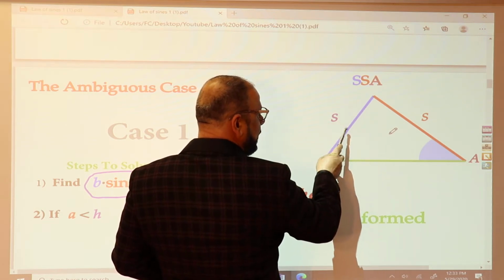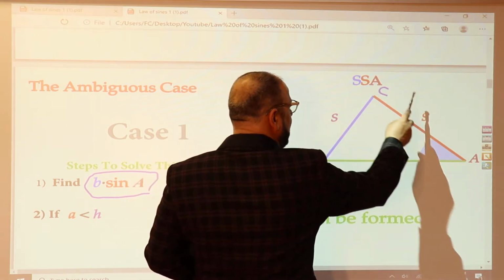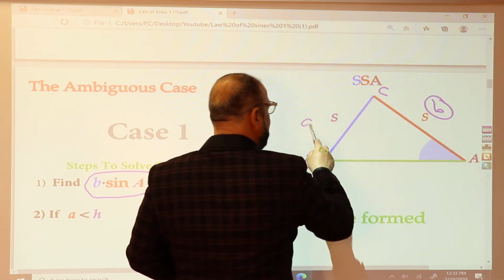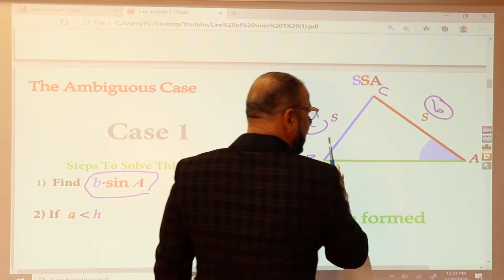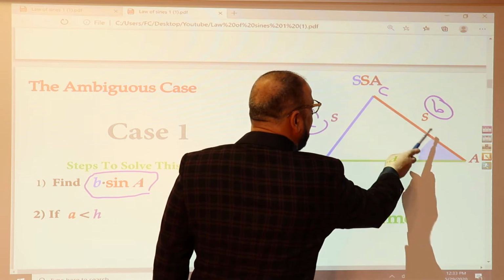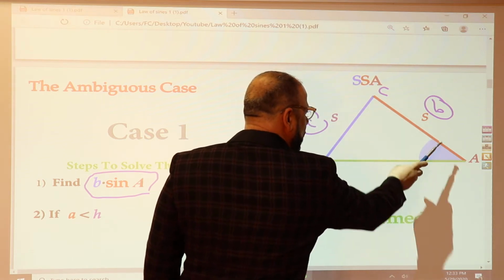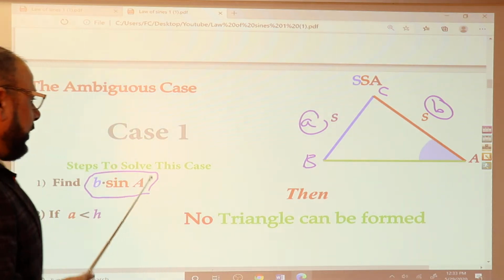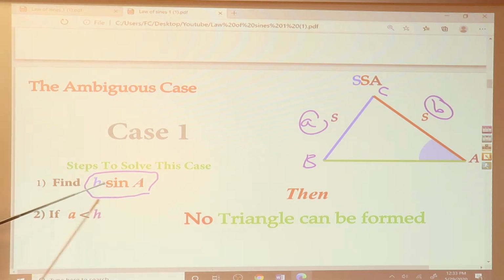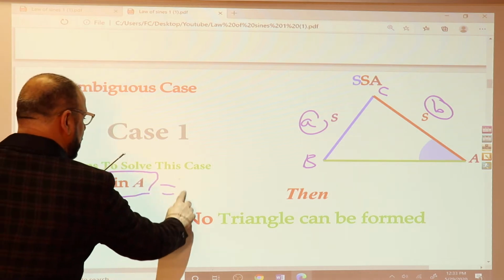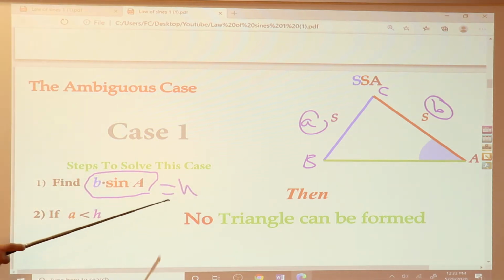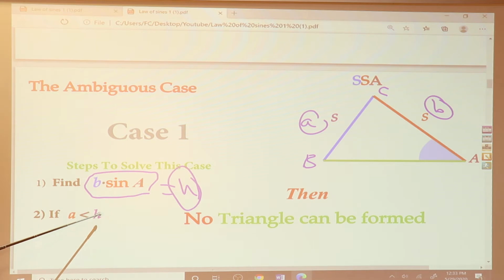Whatever this side, c, and this angle, whatever this side, you take it. Then this is the key point: b sine A, which is the height of the triangle. You compare the height of the triangle to that side a, and that gives you no triangle can be formed if this guy is less than this guy.